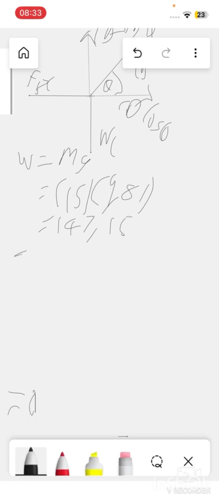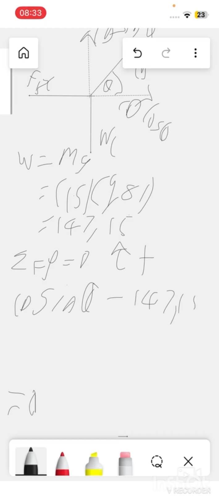Therefore, summation of Fy is equal to 0. Do not forget direction. Upward as positive. Therefore, we have CD sine theta minus WC, which is 147.15, is equal to 0.